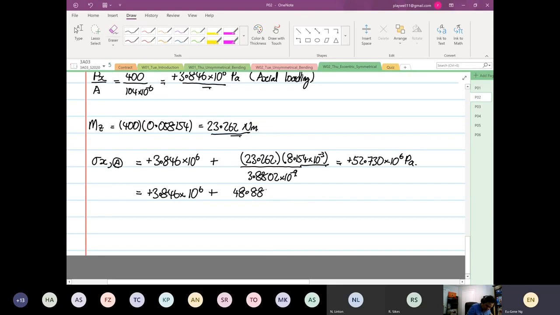Okay, 48.884 times 10 to the power 6. So this is where you get your positive 52.730 times 10 to the power 6 Pascal. Remember what we spoke about earlier, right? This is induced by your axial force, and this is induced by your bending moment.